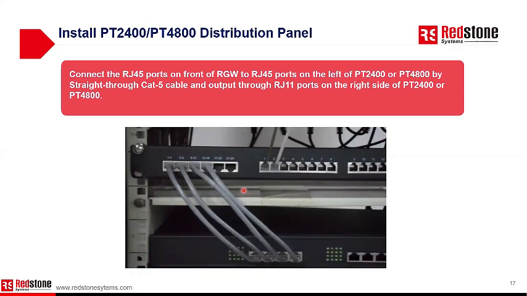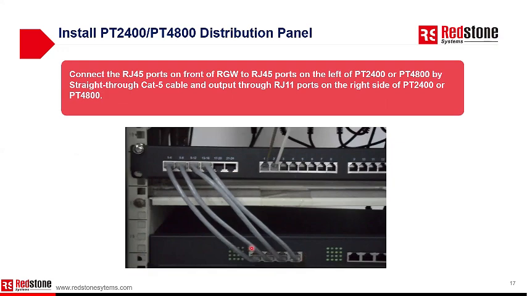Here is the distribution panel that I mentioned on the previous slide. This is the patch panel 2400 or the patch panel for 800. You need to use a straight through cable, and say for example this is your RGW48.